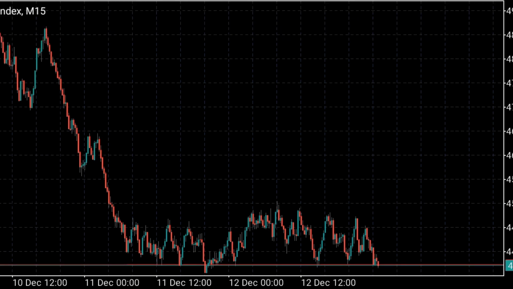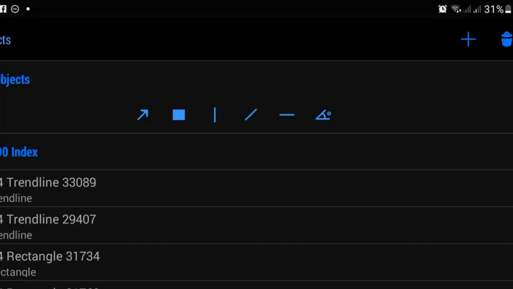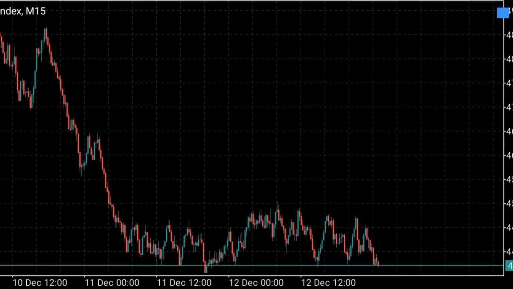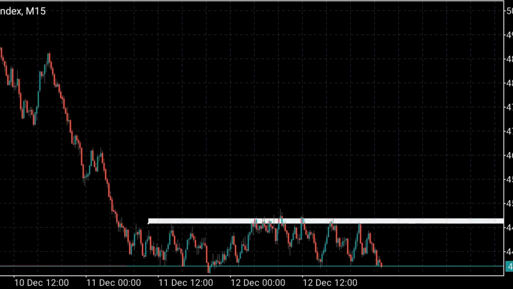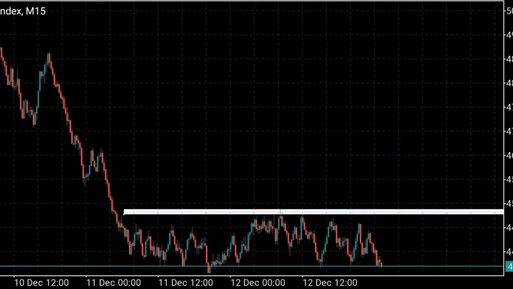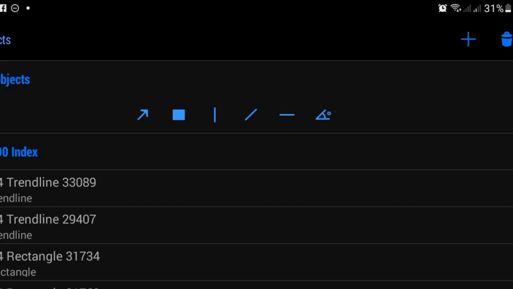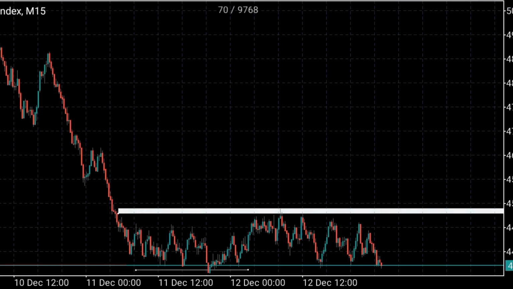Let me try and delete this and redraw it. And then we have our tested support on the smaller time frame, which is about to get broken to the downside. So we are anticipating a massive push to the downside.